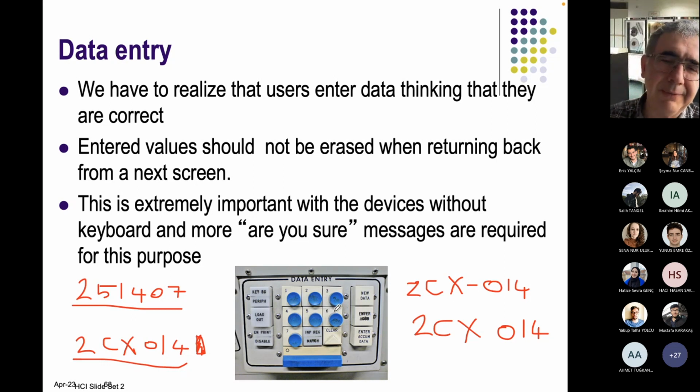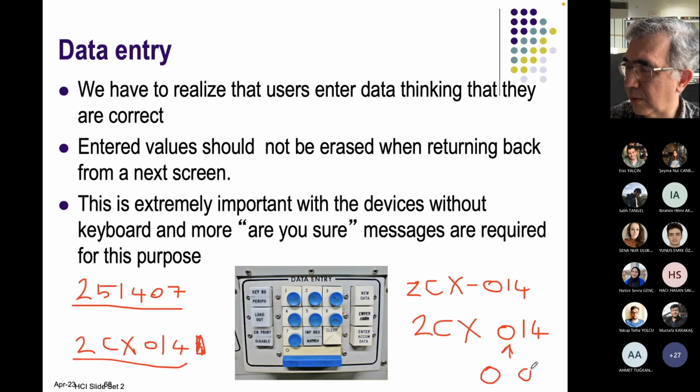Also, if the topic is password now, this could be 0 or O. Okay? So how do you differentiate 0 from O? With some fonts, you can't.